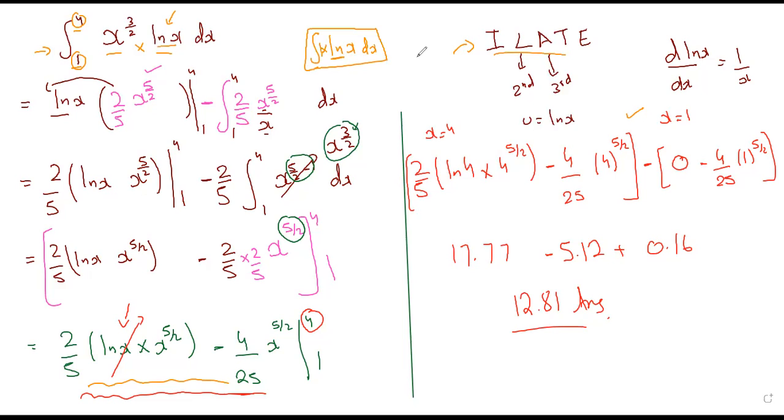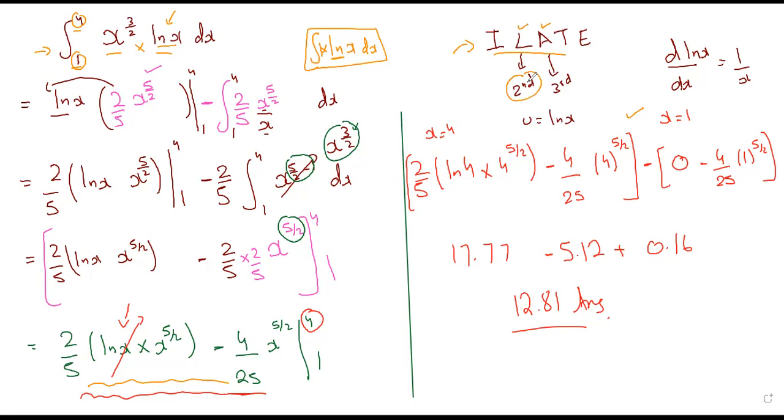Now obviously we have our criteria in order to choose u and v. U is the first function. We don't integrate the first function, we differentiate the first function, and we integrate v, the second function. But how to choose u? Since log is coming first and algebra is coming after that, log would be the first function. So we will differentiate this first function.